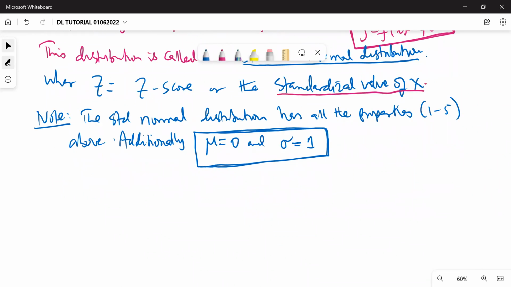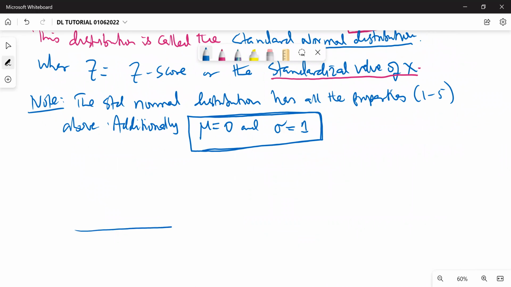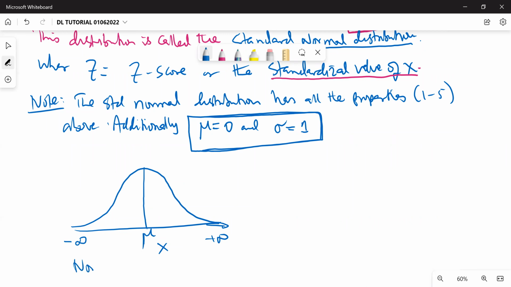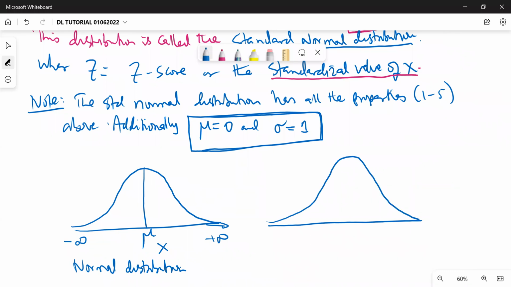So if you are to draw the diagrams, you will have the same shape. If this is your x-axis, we're using the normal distribution. At the center here, we have mu, and the curve goes all the way from minus infinity to plus infinity. So this is the normal distribution. If you want to use Z, you will have exactly the same shape.